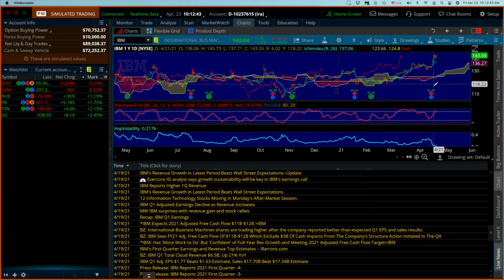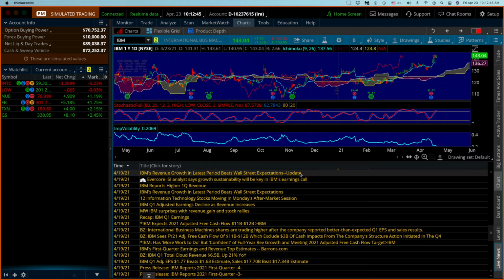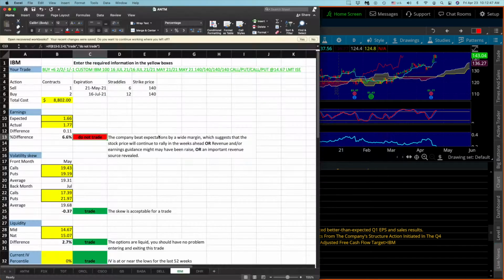So it doesn't show in the earnings. So that's important. All right. And so, yeah, that makes me interested, even though it says do not trade. Why? Because it's less than 10%. 6.6% is pretty good. Okay, so if the revenue was better, that means that they probably have in revenues an increase, and you would have to look that up.